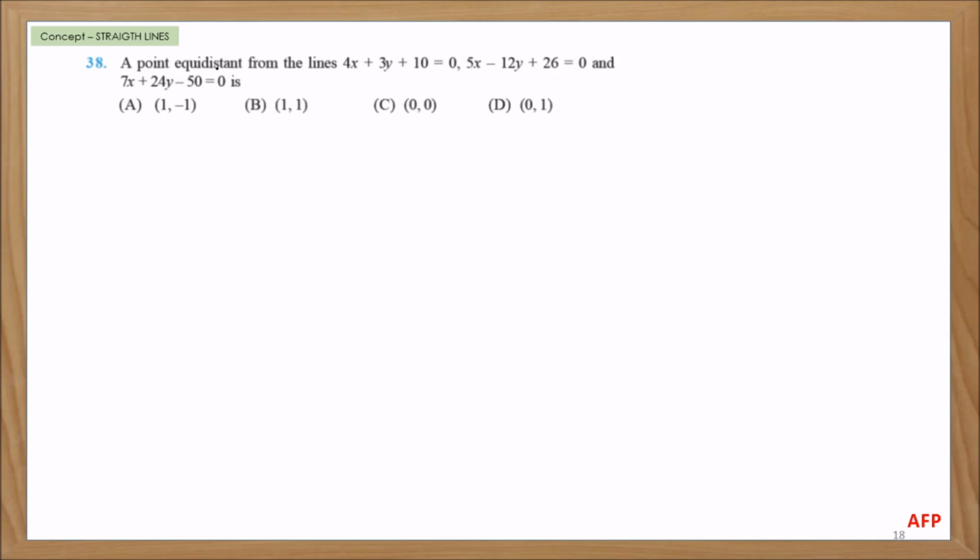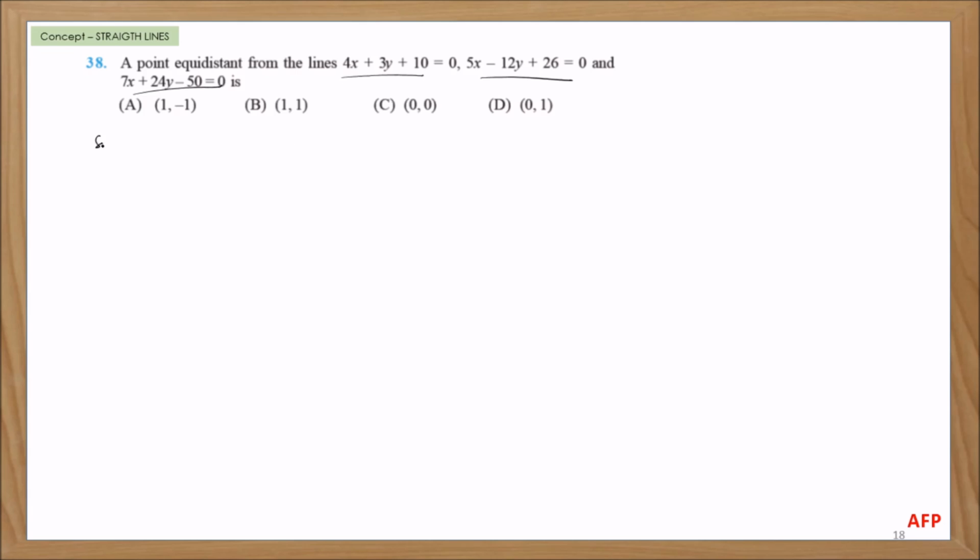Next, equidistance. Find a point which is equidistant from this line, this line, and this line. So we will take the point x1 y1 and we will find x1 y1.